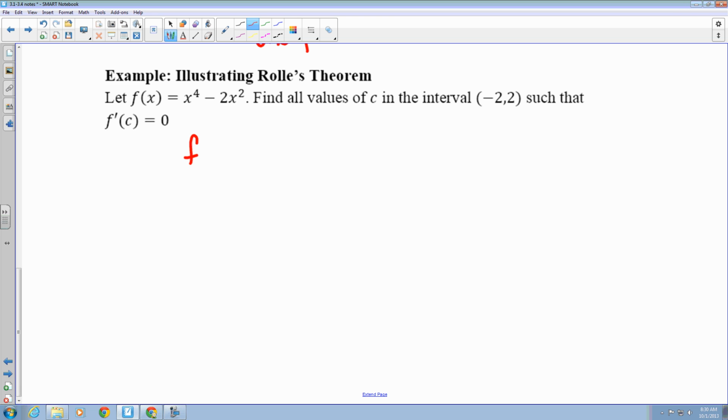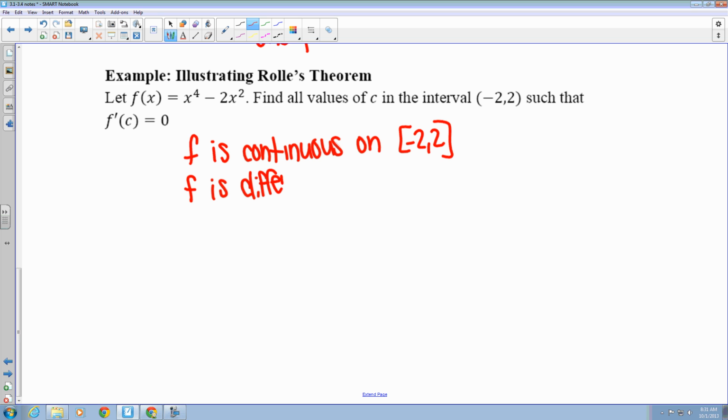So this is a polynomial, so it is continuous on the closed interval. And because it's a polynomial, we know we can take the derivative of it anywhere on the open interval, I mean.